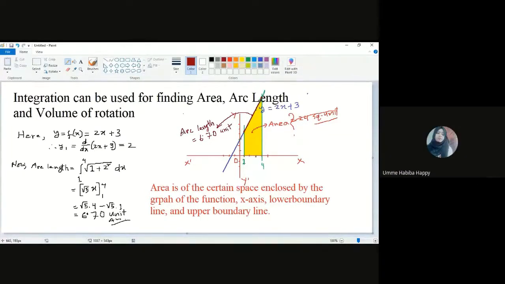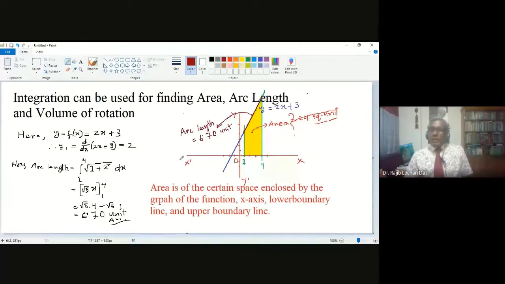Now let me show you another example, and the volume of rotation I will discuss tomorrow, not today. So another example for area and arc length, and the volume I will discuss in the next class.